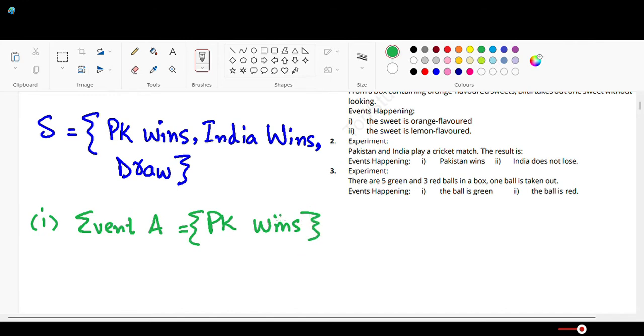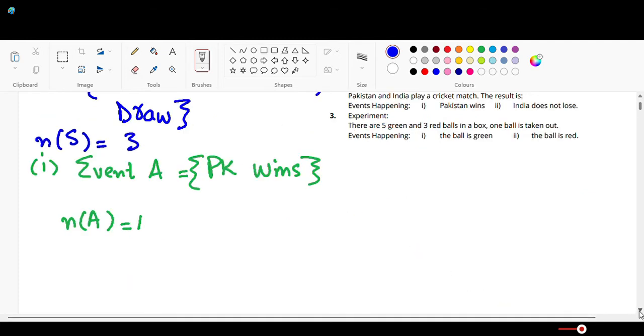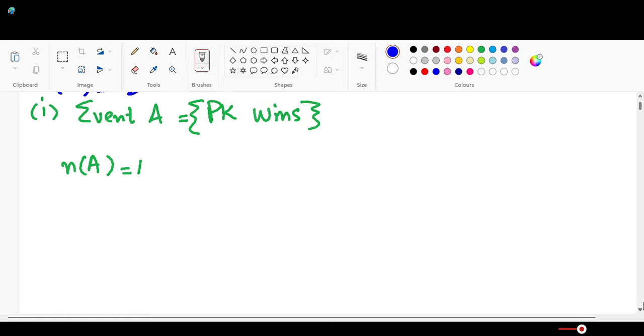Well, Pakistan wins, that's one element, so n of A is equal to 1. And I forgot to mention up here, but n of S, the number of elements in S, is 3: India wins, Pakistan wins, or it's a draw. So those are three total outcomes, and the particular outcome we're concerned with is Pakistan winning in the first case. So n of A is equal to 1.